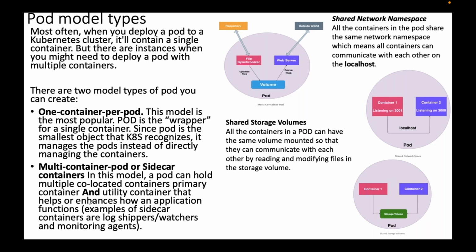You have some main container which is doing some functionality, and it requires some helping hand, some kind of enhanced functionality. Instead of writing that in the same code, I can have a separate code, a separate container.